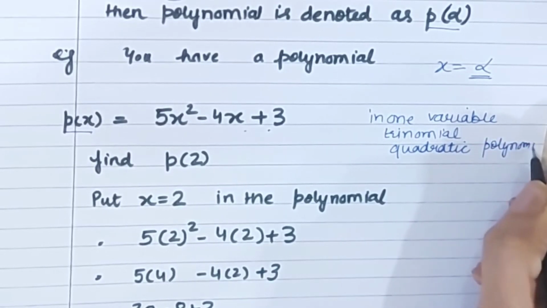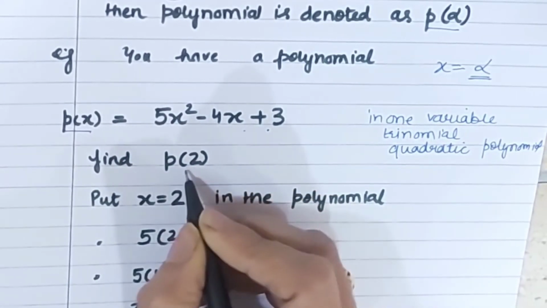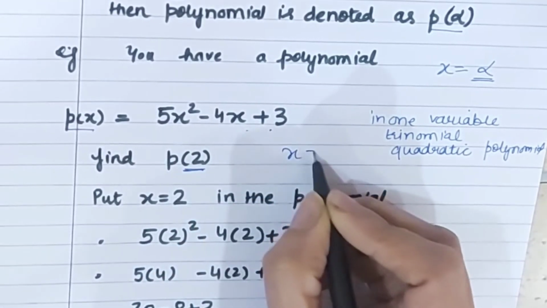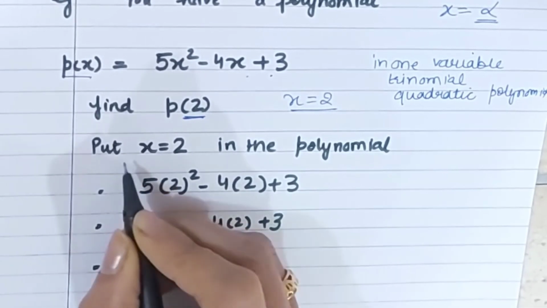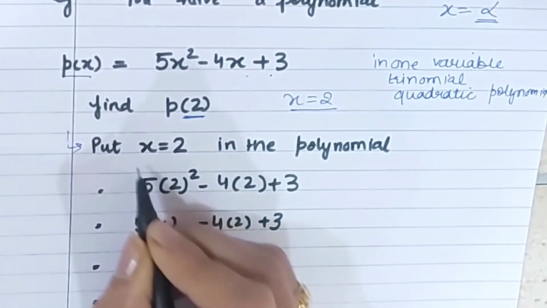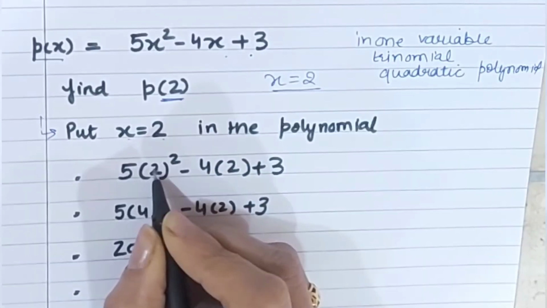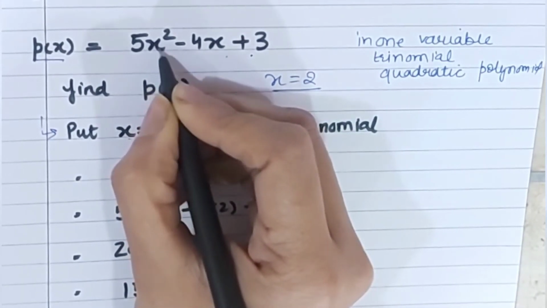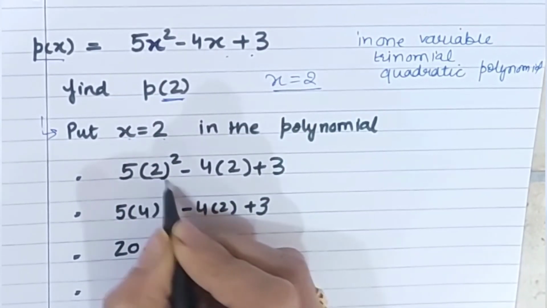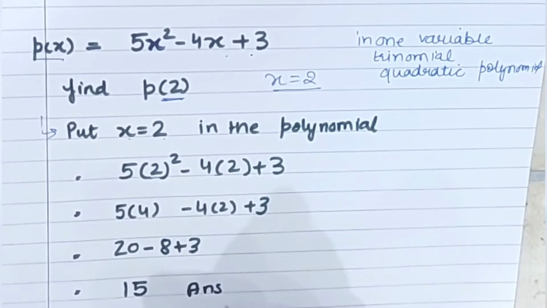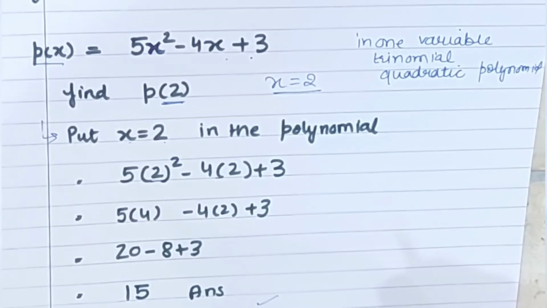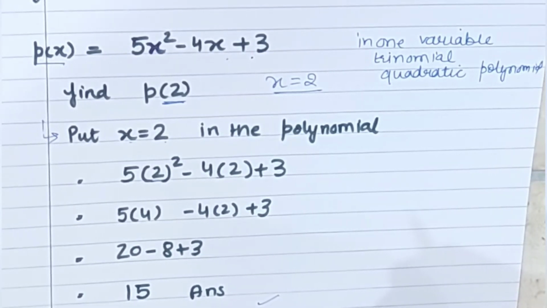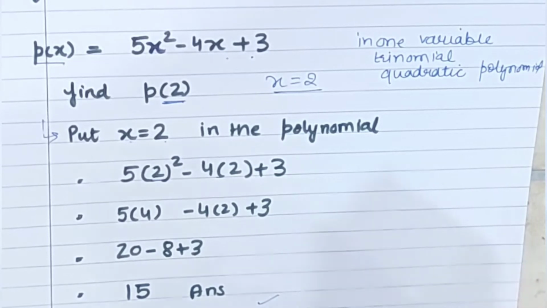Now here we have to find the value of this polynomial where the value of x is 2. So how can we do this? It can be solved by putting x equal to 2 in the polynomial. Where there is x, we put 2 there and then solve, and after simplification we get the value of the polynomial as 15. This is the way we can solve for any polynomial if we are given the value of x.